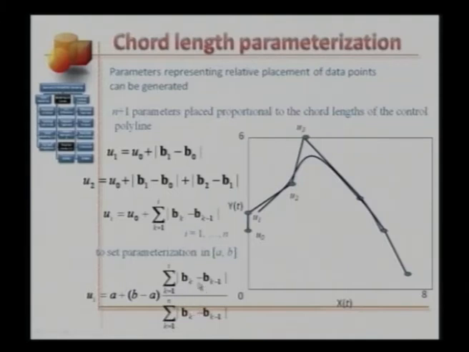So this fraction will be 1, for which u of n is equal to a plus b minus a, which is b. So all these chord length parameters are now in the interval a and b, but they are not uniform. In fact, they are placed contiguously as per the chord lengths.